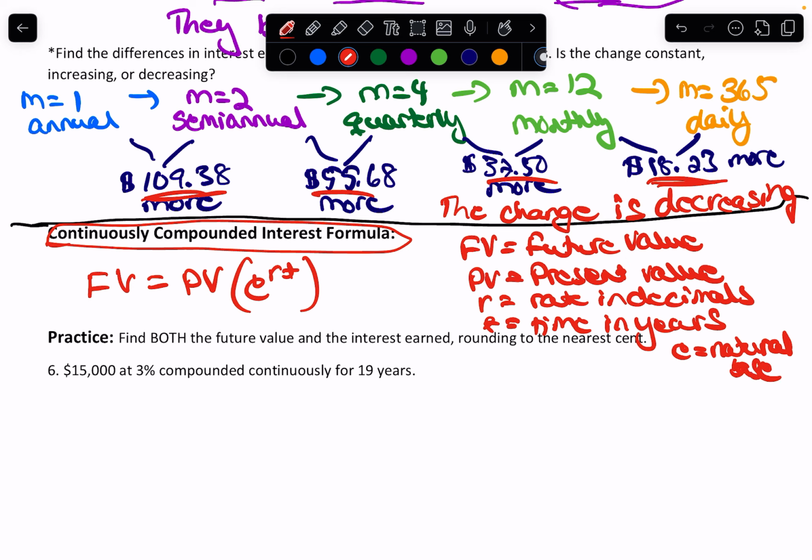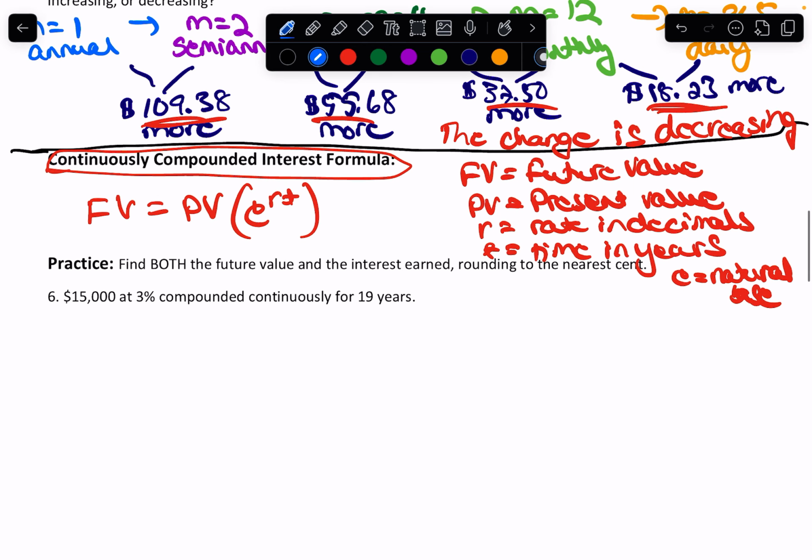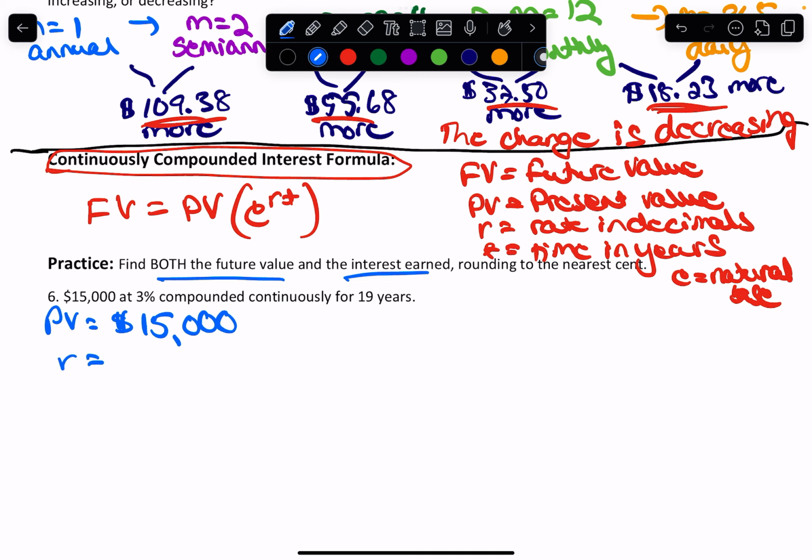Okay, so let's go ahead and plug these in. So again, both the future value and the interest earned. Our present value is the same as we saw in the previous examples, $15,000. Our rate is the same as well, 3%, so 0.03. Time is 19 years.